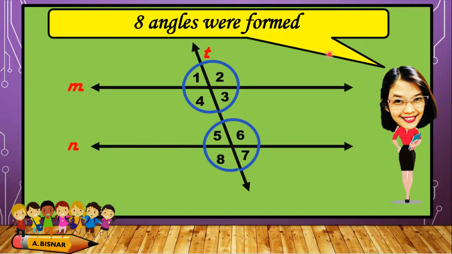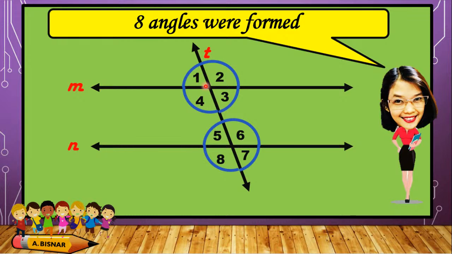And as you observe, I already named those angles that were formed. Let us name it as angle 1, angle 2, angle 3, angle 4, angle 5, 6, 7, and 8. So, these are those angles.